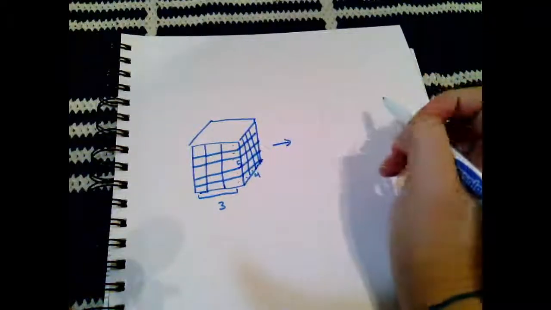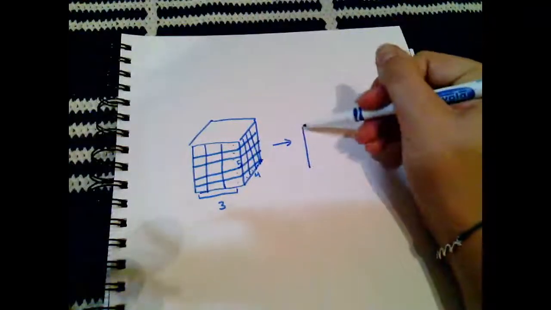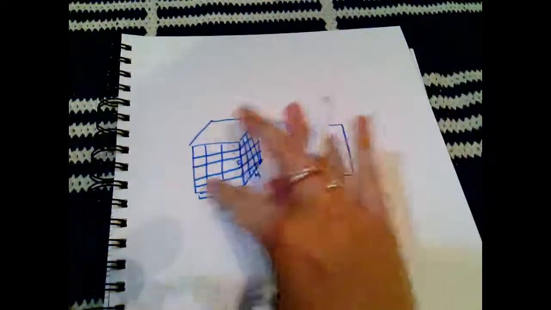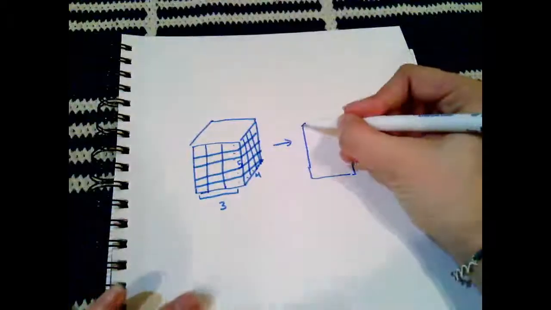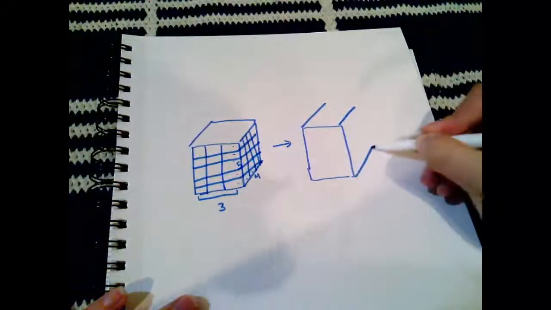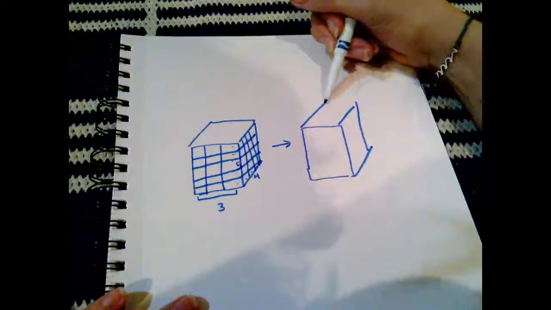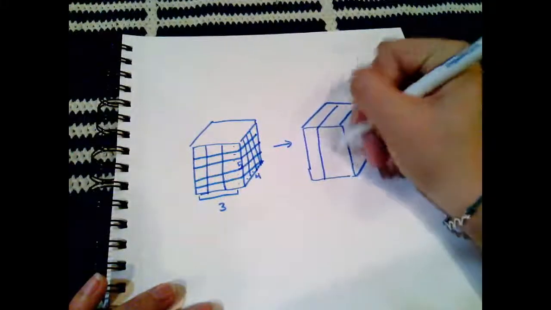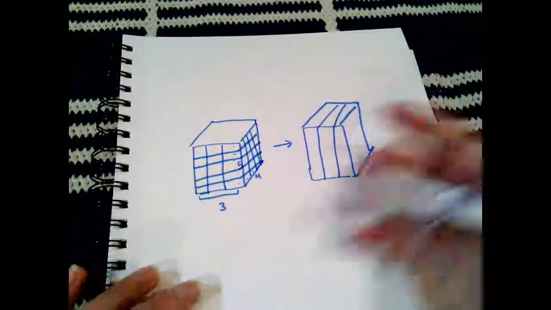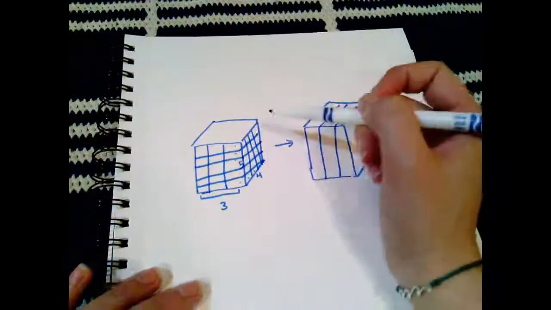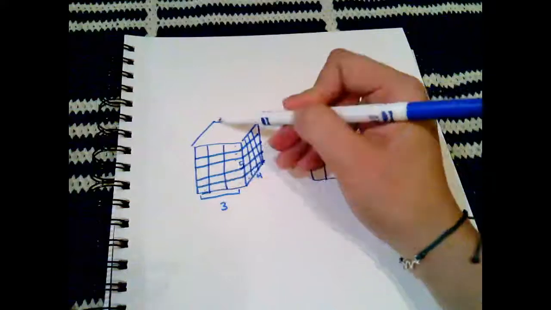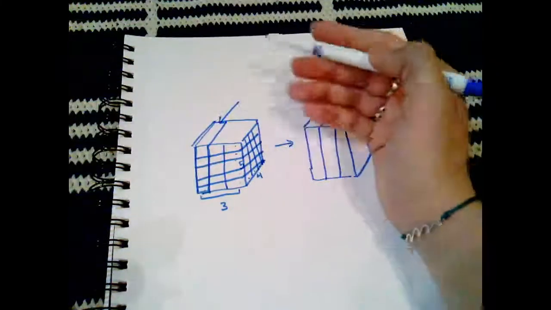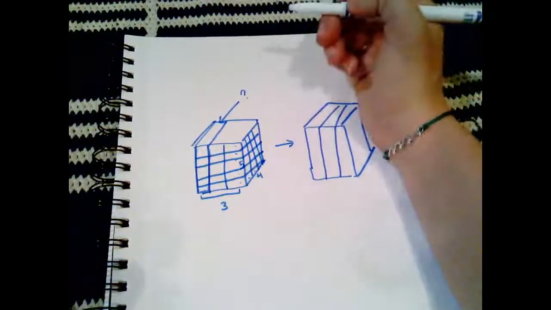I'm going to break this apart. So I'm going to move over here, and I'm going to redraw this shape and just focus on these layers. I'm still using all the same dimensions, but now I'm focusing on if I had 3 layers based on the length. Now if I were to take one little slice of this, how many cubes would make up that slice?